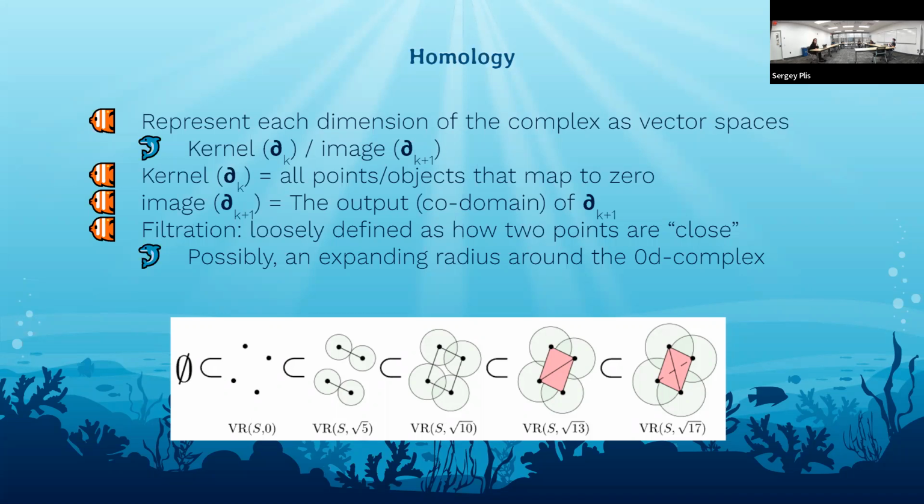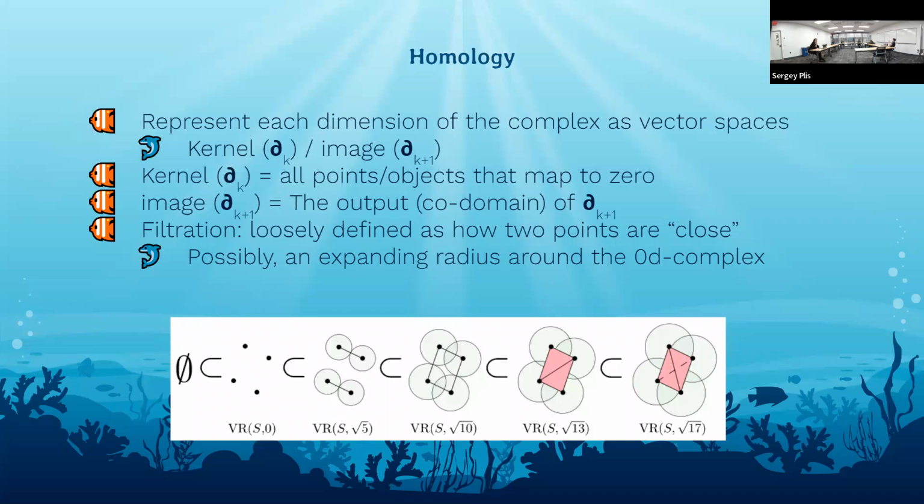The kernel of this boundary mapping is all the points that map to 0. So when you're going from a triangle to a line segment, everything on the inside of that triangle is now mapping to 0 because it doesn't exist anymore. The only thing that exists is the boundary.